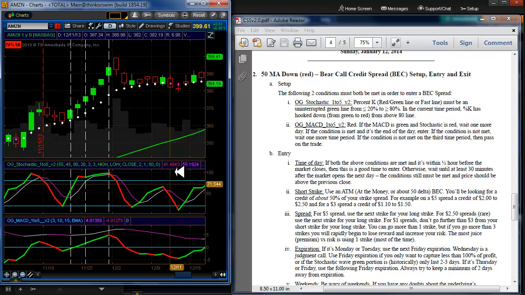So if you come along on this particular day here, and you would have still a couple of days before expiration, let's see, you would have gotten in on this day, that was Friday, so you would still have a couple days before expiration. You get out here, you probably would not have lost more than maybe $50 or $60 on this particular one.